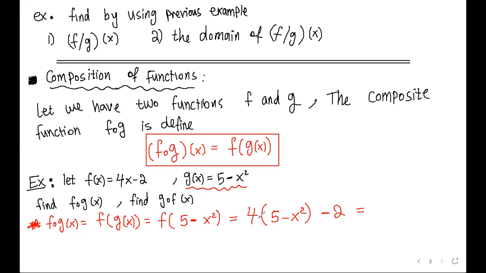Yes, Jill? 20 minus 4x squared minus 2. Then what is that answer? 20 minus 2 is 18, right? Minus 4x squared. Yes. 18.